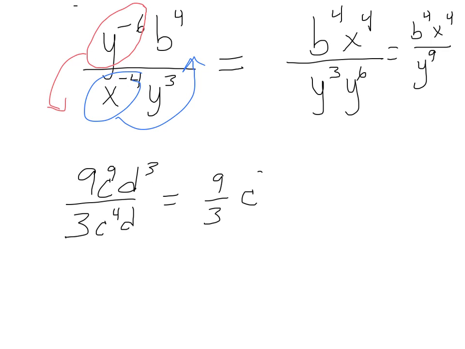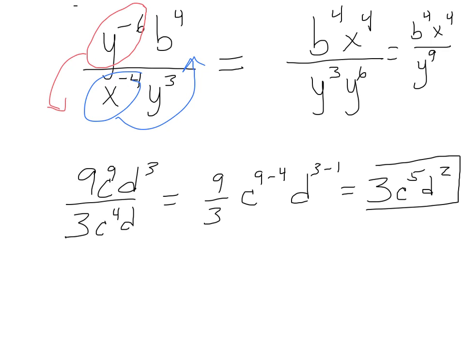If you remember dividing like bases, you can say c to the 9th minus 4, and then d to the 3rd minus the 1d that's on the bottom. And so your result is simply 3c to the 5th, and 3 minus 1 today is 2.